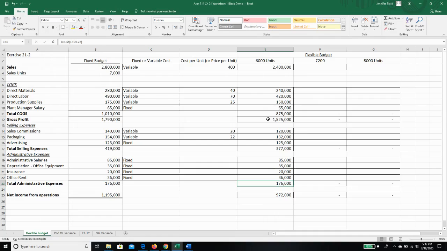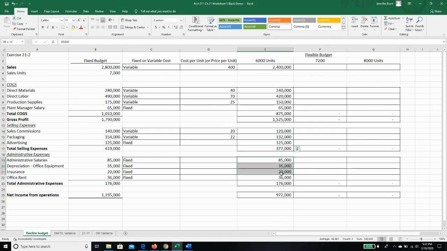So when I add it all up, I have sales of 2.4 million. I have total cost of goods sold of 875,000. When I take my 2.4 million and subtract 875,000, I have gross profit of 1,525,000. When I add up all of my selling expenses, they add up to 377,000, these here.